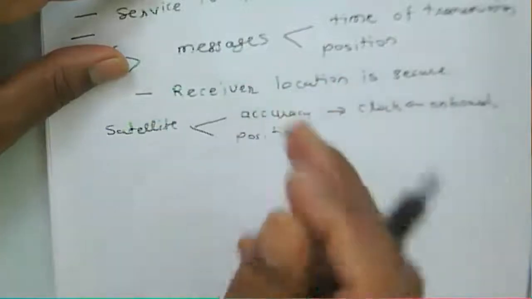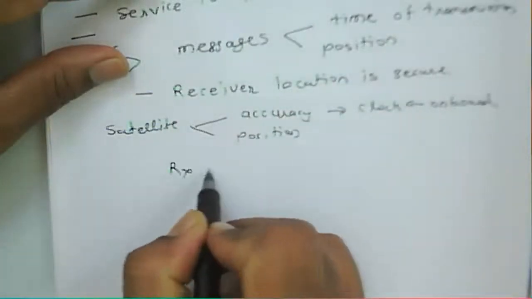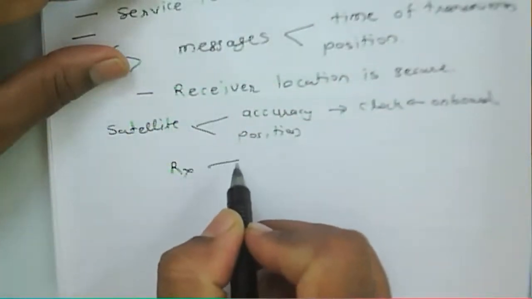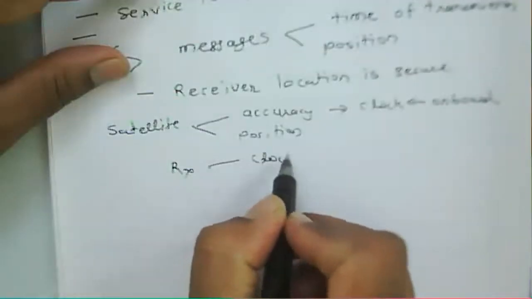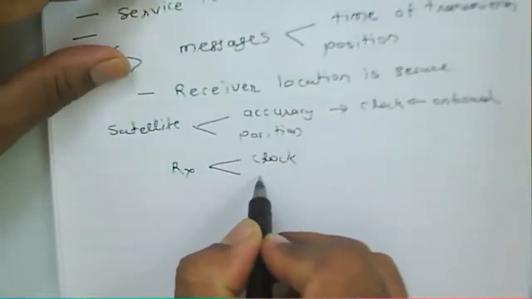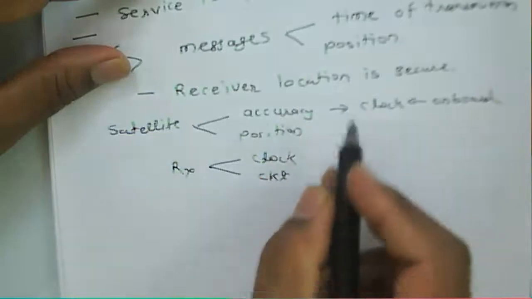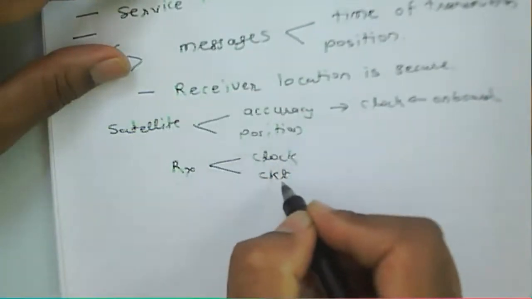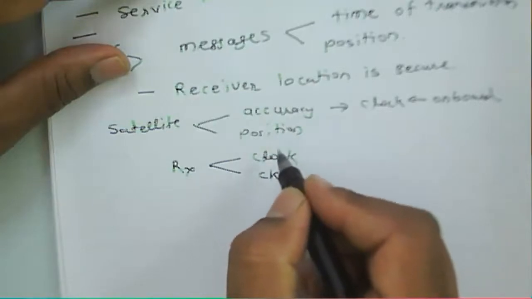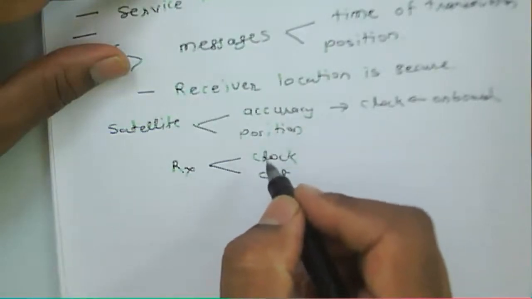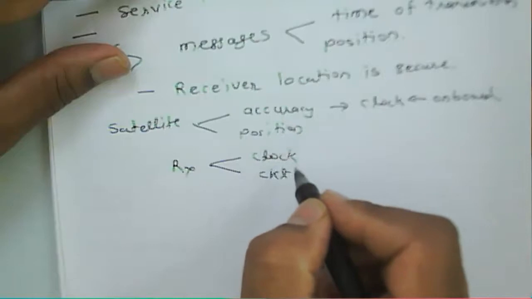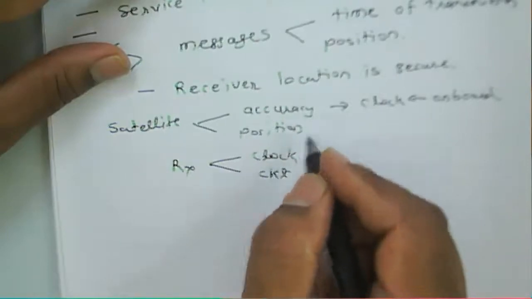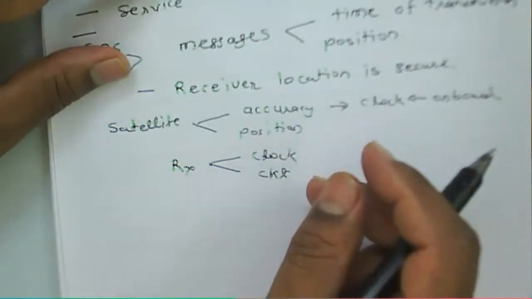The receiver has a circuit for receiving the signal, and based on the received signal, it obtains the position and so on.